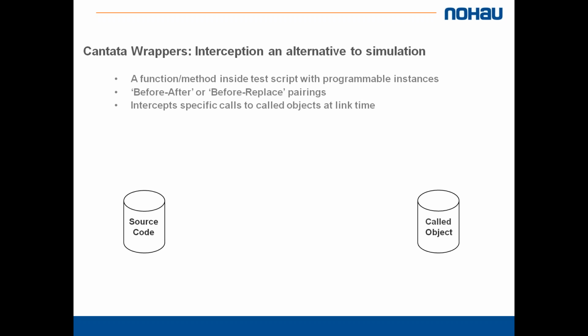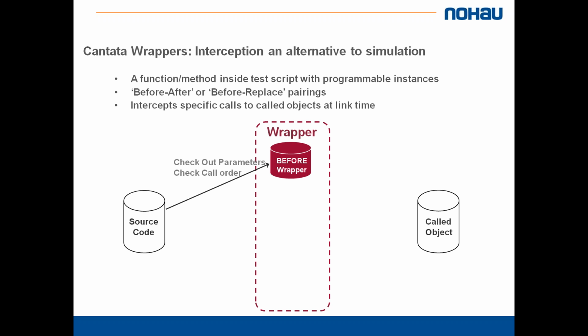But if we use the feature of wrappers, we have the possibility to intercept the call to your protocol handler. For this specific test case, we send a normal request to read the protocol frame.